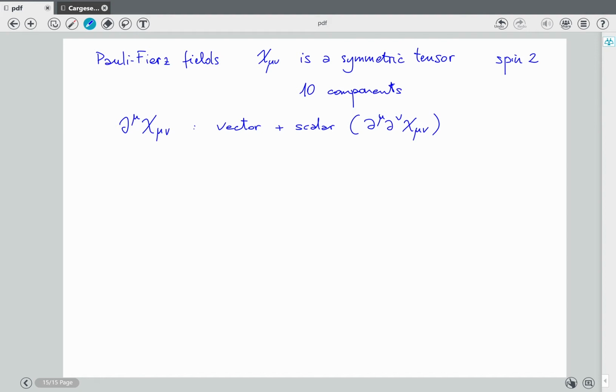So we will lose this for these 4 components, but 4 is not enough. 10 minus 4 is 6, and we want to get to 5. And the 5th one is the trace. So that is also a scalar, a different one. Basically, in the end, we will have only 5 propagating degrees of freedom.